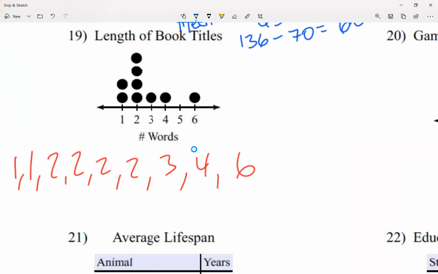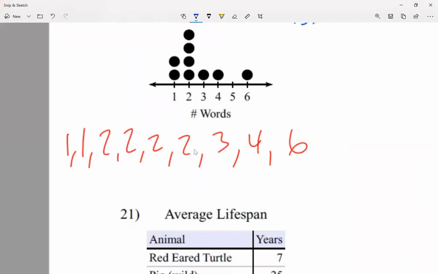I cross out the smallest and the largest, the smallest and the largest, the small and the large. So I'm going to do a line right here that goes through number 2. That's the median.